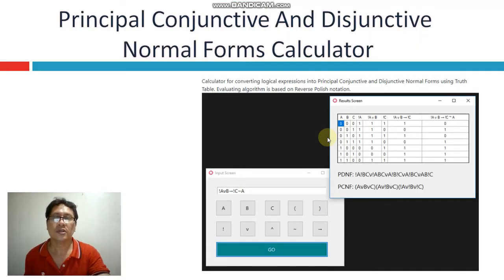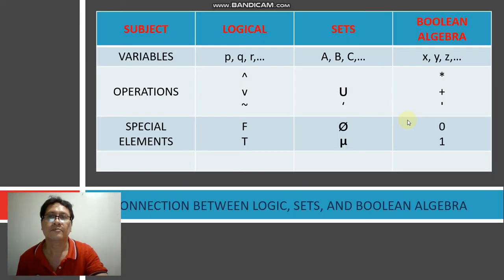Our presentation makes use of a calculator, which you can see here in the illustration. As you use the calculator, you can see the result screen, as you have learned in our truth tables. To recall our lessons, let us refresh ourselves on the variables used in logic, sets, and Boolean algebra.